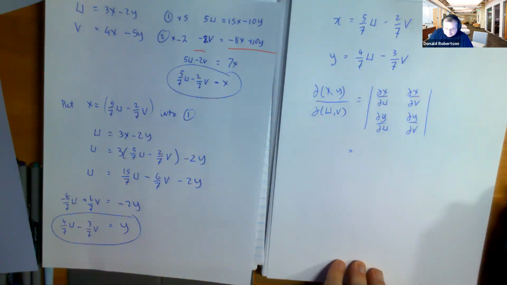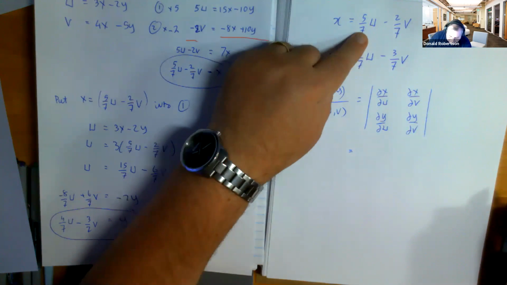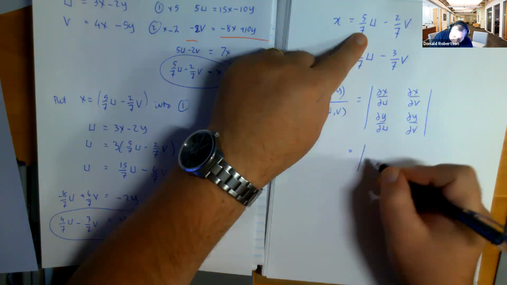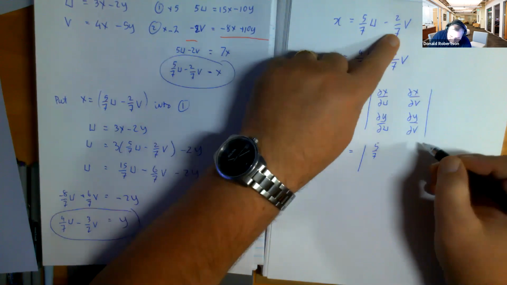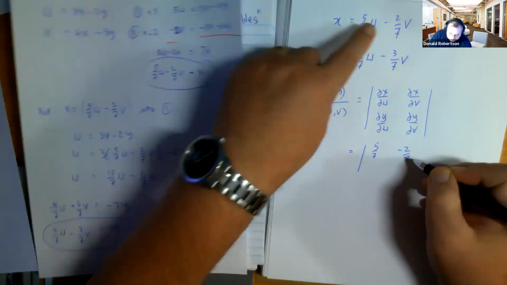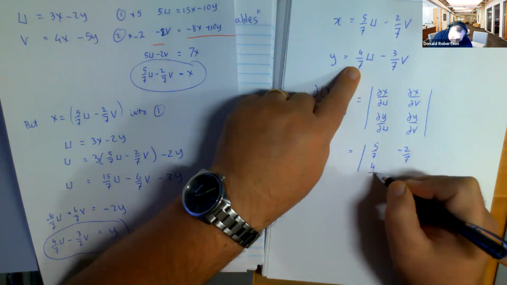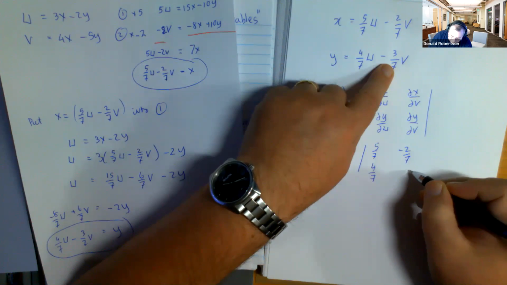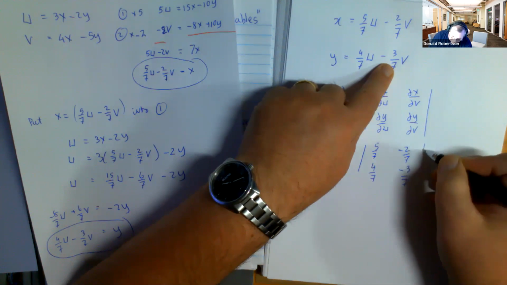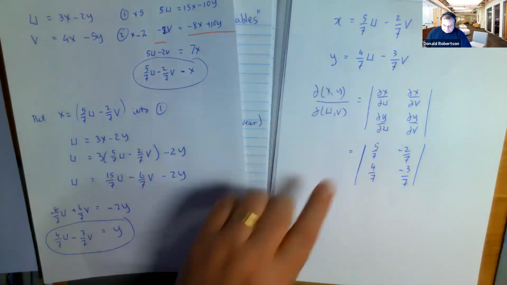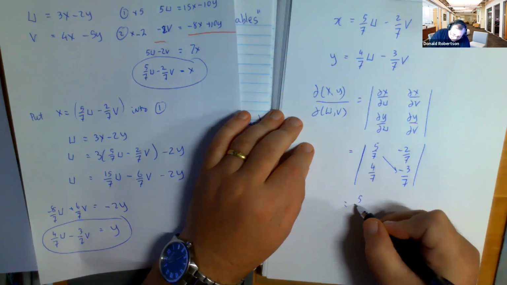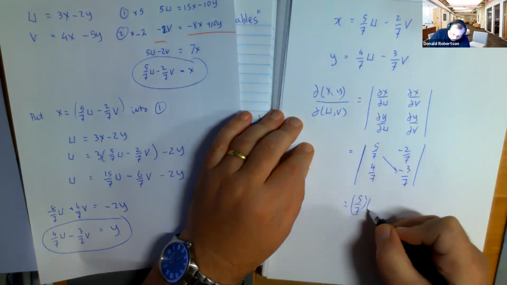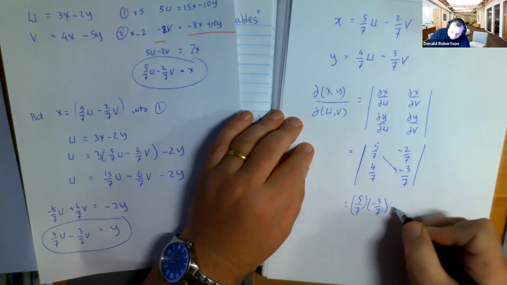That's going to get me, well, differentiate this with u and all you get is 5/7, because that's 0. If you then do it with v, you get negative 2/7. You do this with u, you get 4/7. And you do this, you get negative 3/7. Major diagonal is 5/7 times negative 3/7.